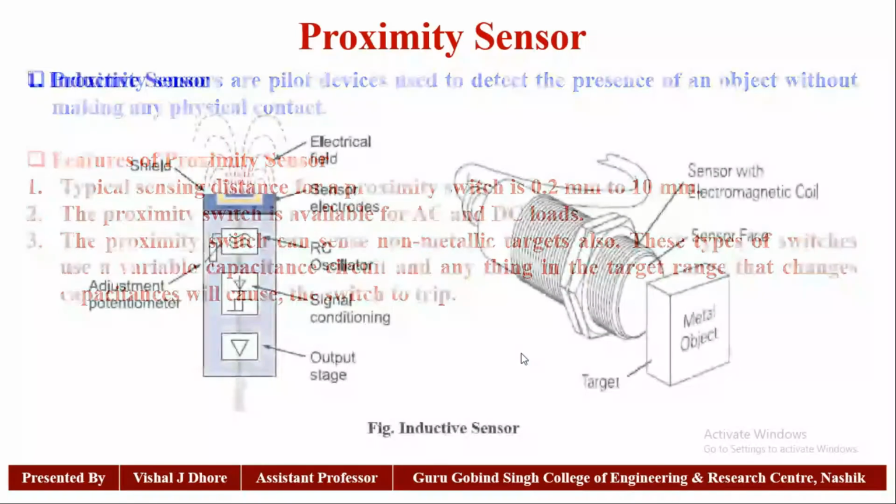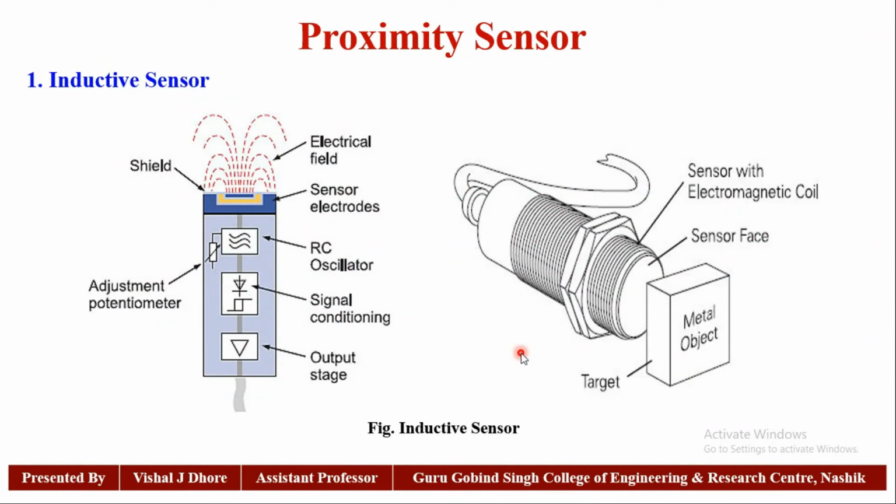Now let us discuss the first type of proximity sensor, the inductive sensor. So these are the inductive sensor diagrams. An inductive sensor consists of a coil wound around a ferrous metallic core, a detector circuit and a solid state output, as shown in this figure with the supply voltage. The oscillator operates to produce a high frequency field.